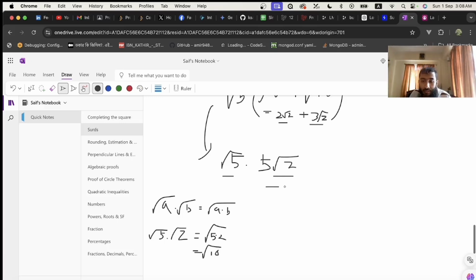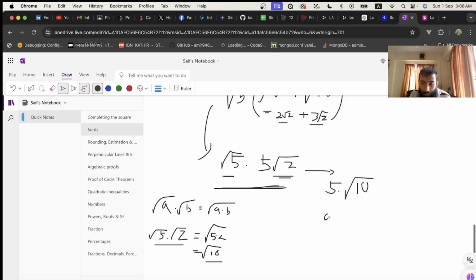So this expression can be simplified as 5 multiplied by root 5 multiplied by root 2, which is root 10. So this is root 10.